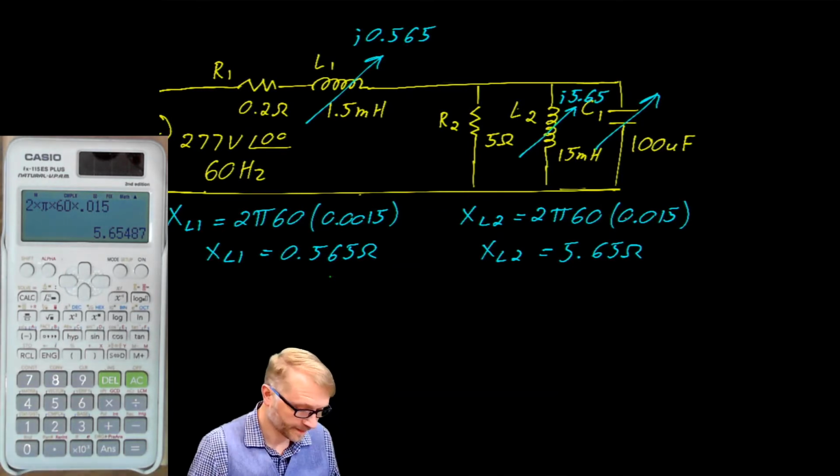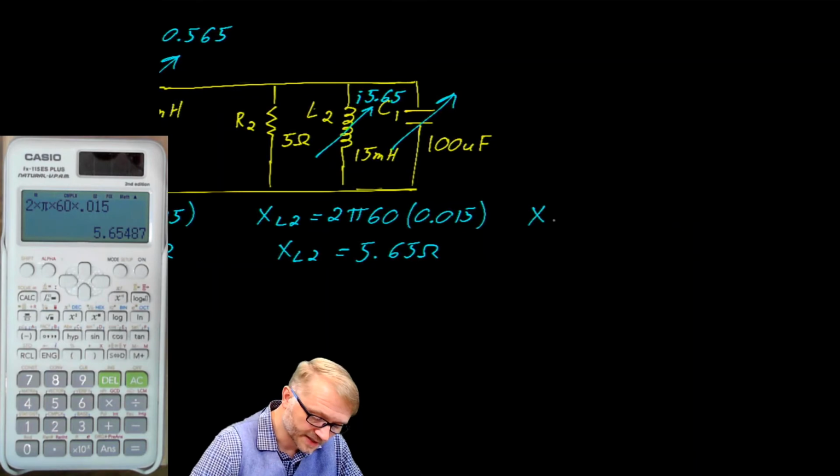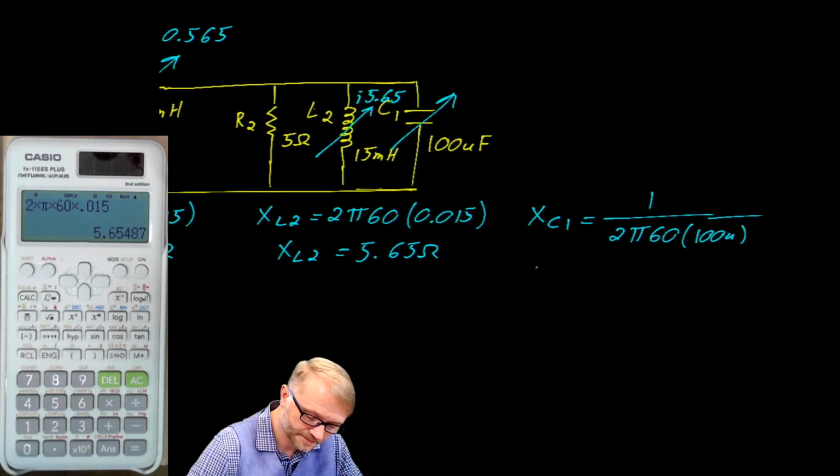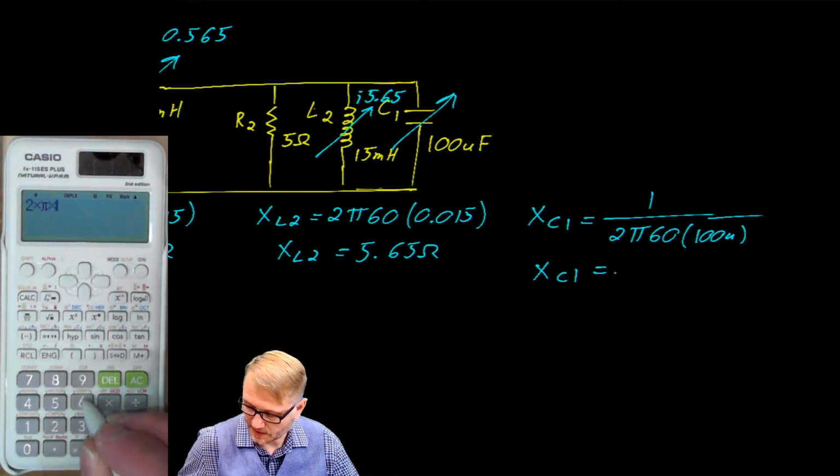And finally, we can address the capacitor. So the reactance of capacitor 1 is equal to 1 over 2 pi f times 100 microfarads. So the capacitive reactance is 2 times pi times 60 times 100 times 10 to the negative 6.